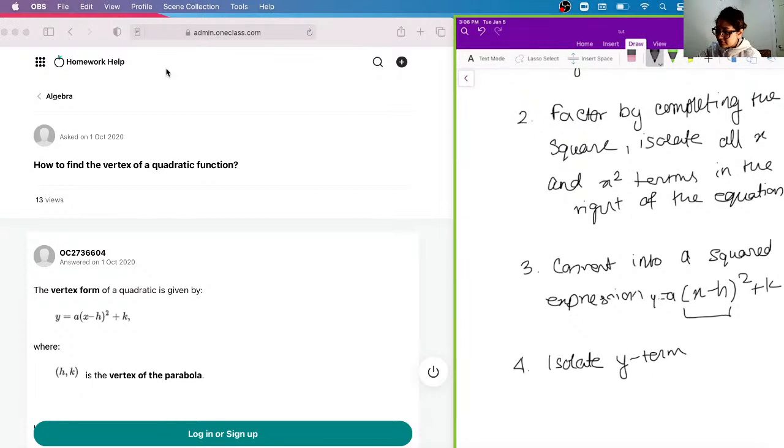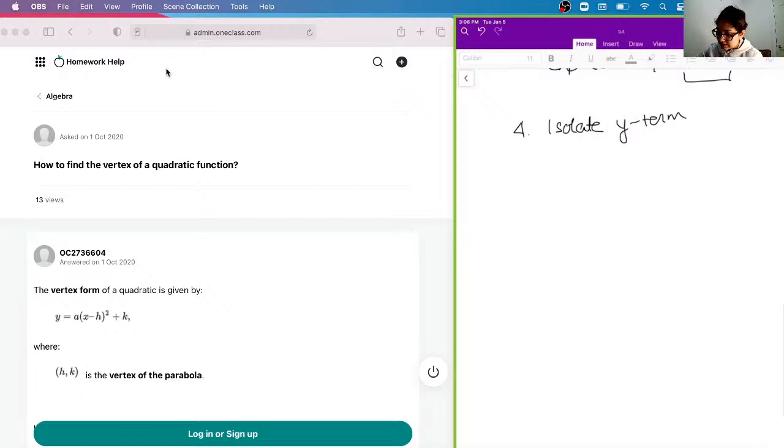Okay, so to further explain this, we can use an example.